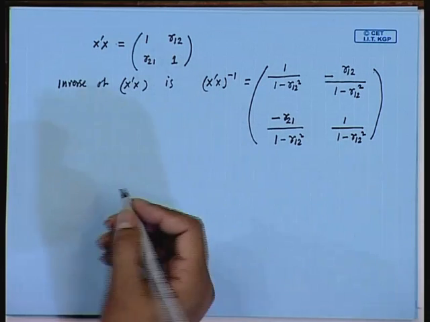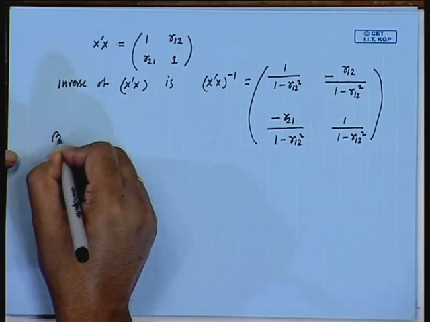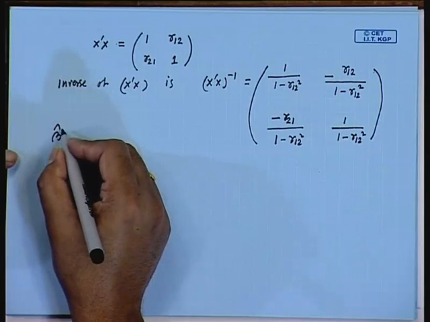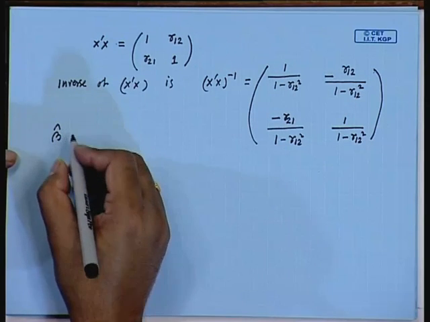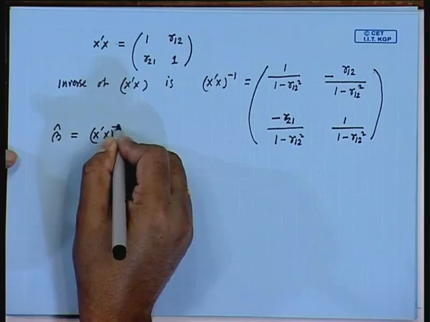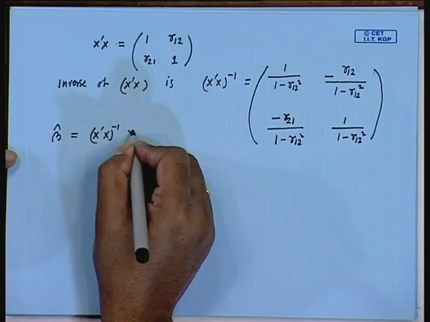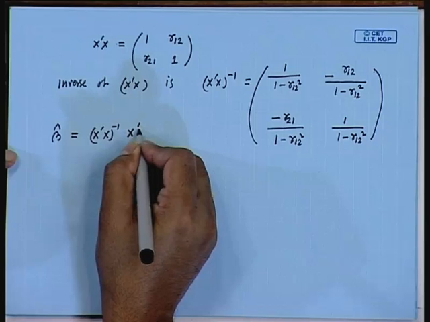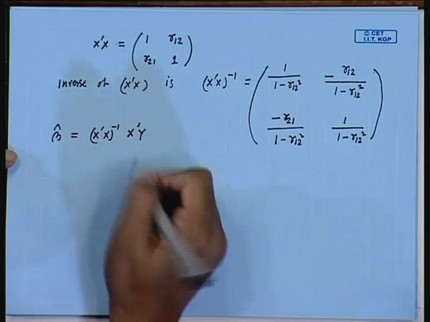Well, so beta hat, the least square estimator of the regression coefficient, is equal to (X prime X) inverse X prime y.